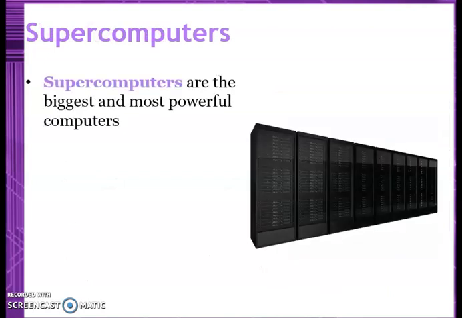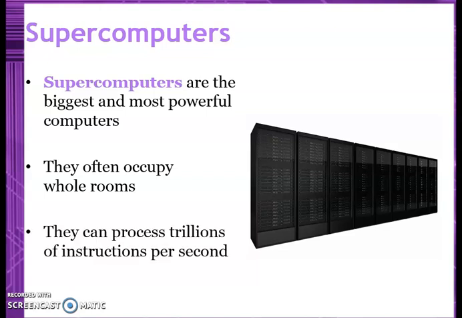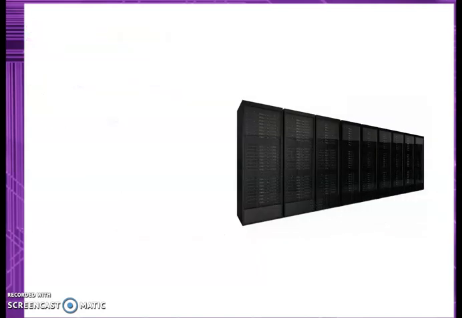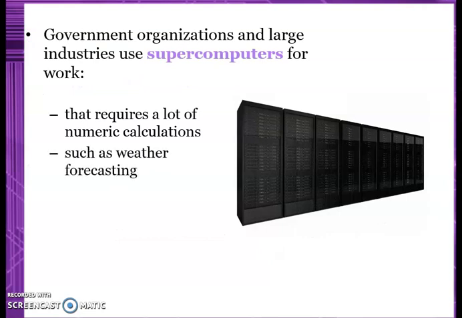Then supercomputers. They are the biggest and most powerful computers. They almost take a whole room. They occupy whole room space. They process 1 trillion pieces of information per second. Mostly government organizations or large industries use them, because they have a lot of data and perform a lot of numeric calculation per second.